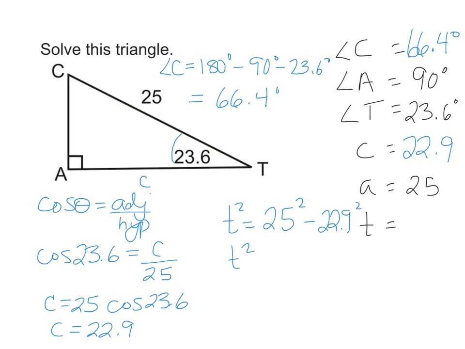T squared comes out to be 100.6, and then when I take the square root and find t, it's 10.0. So we'll just call it 10.